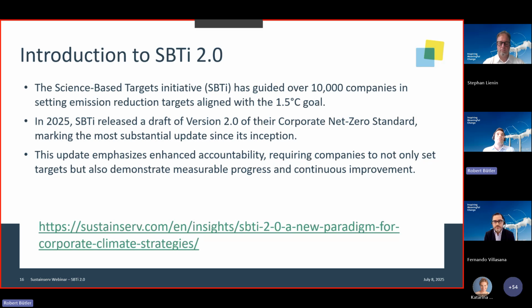SBTi released a draft version of its corporate net zero standard version 2.0, succeeding the previous one, 1.2, putting focus on accountability and requiring companies to actually put measurable progress into perspective rather than just, as mentioned, focusing on target setting and the baseline greenhouse gas emissions.